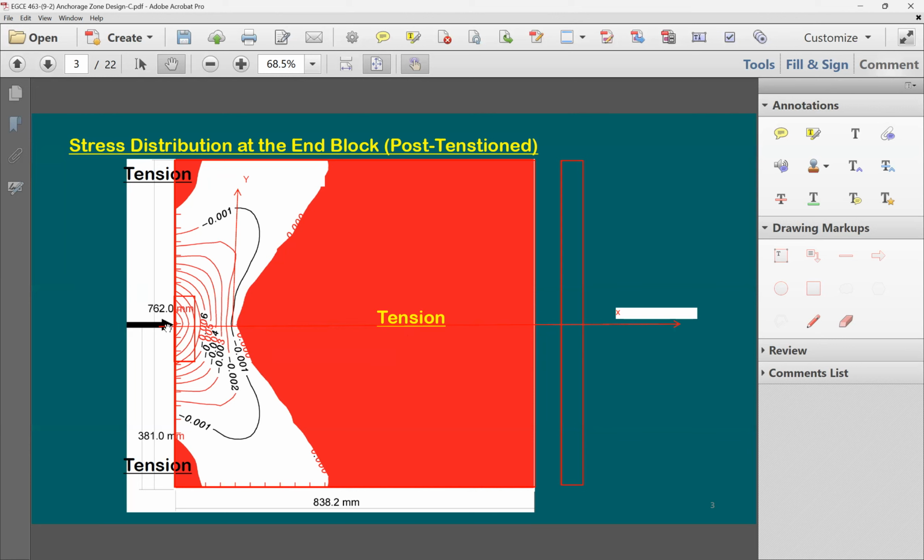Right here next to the pre-stress anchorage, you're going to see that all the stresses are compressive and directed in the y direction.